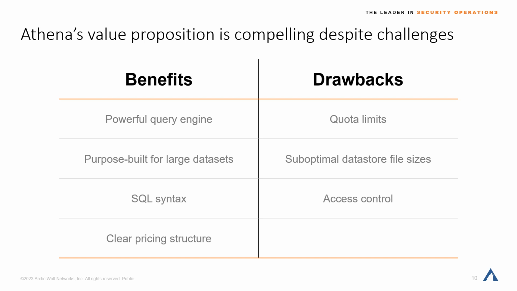So that's one issue. The second issue is a result of the characteristics of the data store that my team owns. Our file sizes are generally around 20 megabytes, which is quite a long way from the best practices recommended for Athena and for Trino, which is, as I understand it, maybe in the low hundreds of megabytes.